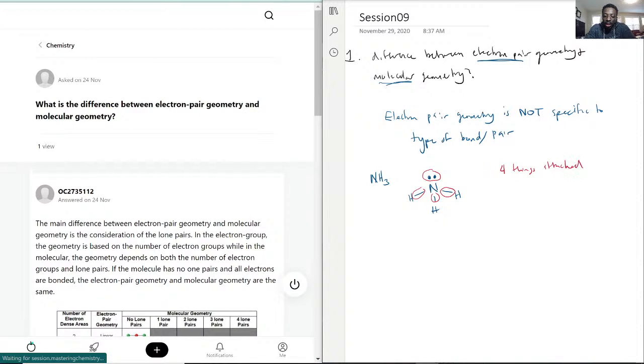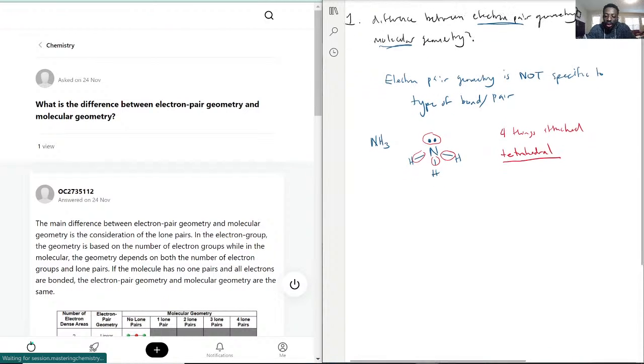Because of that, the electron pair geometry is just known as tetrahedral, because when you look at it in terms of the actual 3D structure, you have a tetrahedral structure.